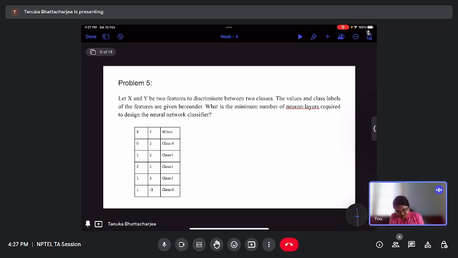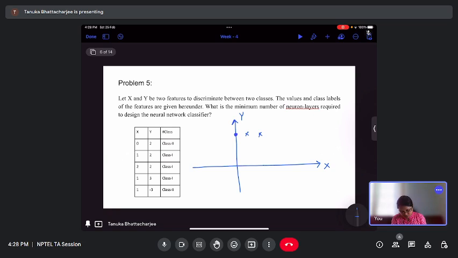So for that, let's plot our data. This is x, this is y, let's say. The first point is at 0, 2, and this is from class 2. Let's say I mark class 2 by dots. Next one is at 1, 2, that is from class 1. Next one is at 2, 2, that is also from class 1.